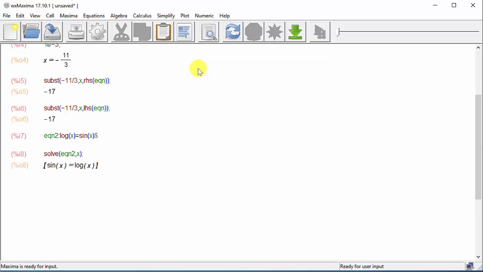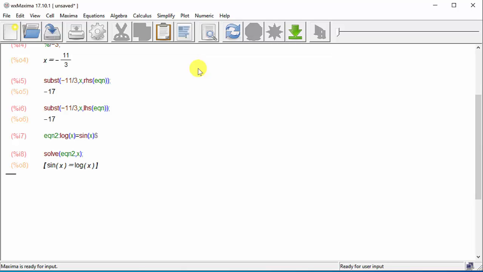You can basically solve some polynomial equations, stuff like that. So we got to figure out a way to solve this.